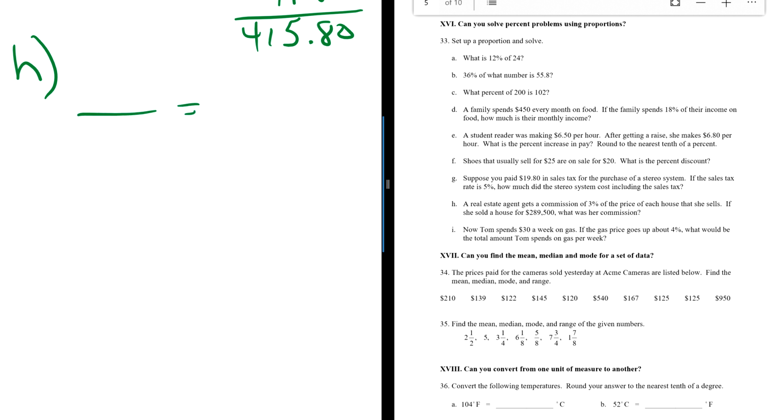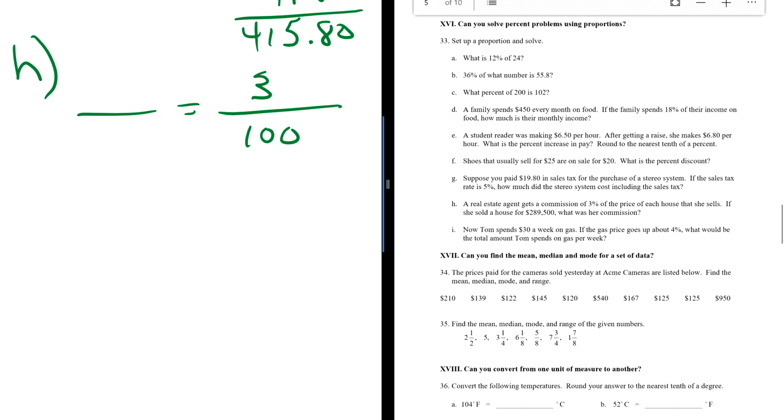So here I have a percent number, so it's 3 over 100. And then what's going to be in the denominator is if she sold the house for $289,500.